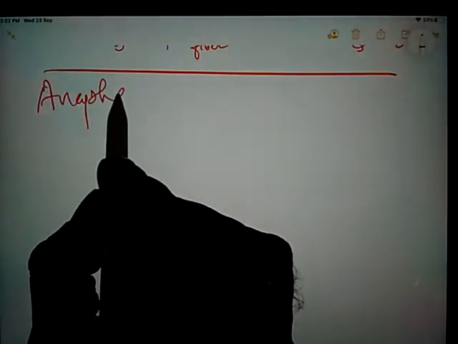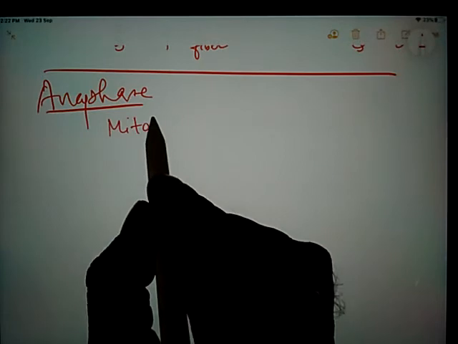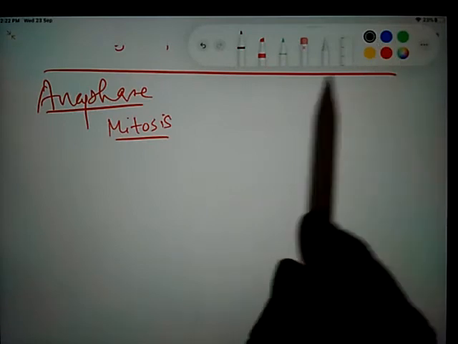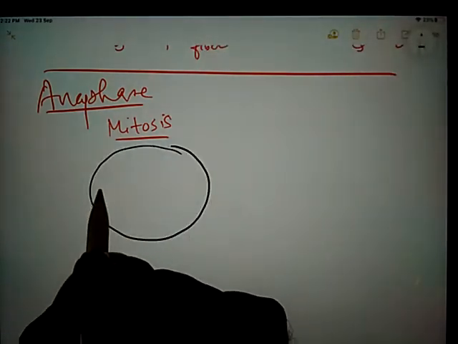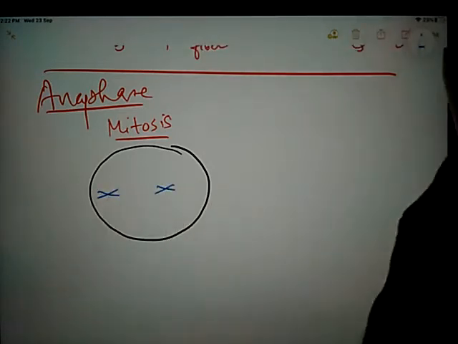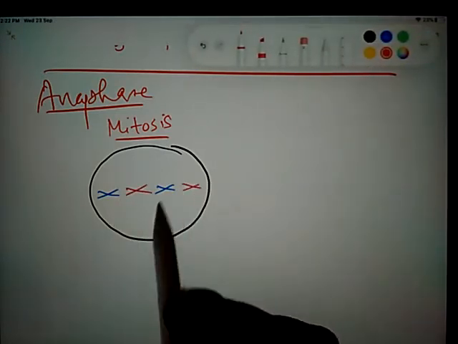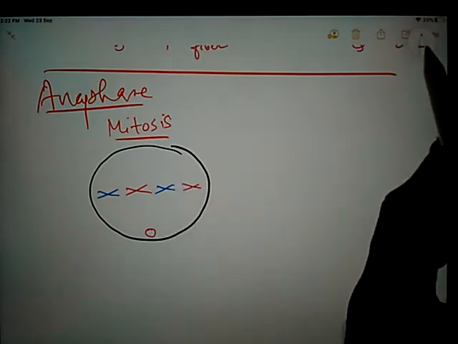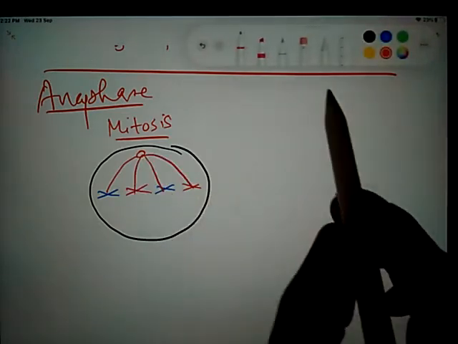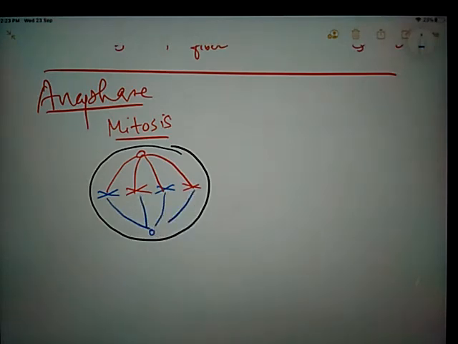If I talk about mitotic anaphase, we have the cell, we have the chromosomes, and those chromosomes are joined at both the sides.